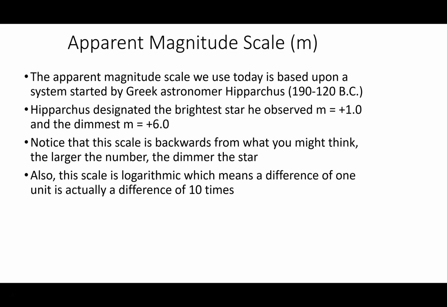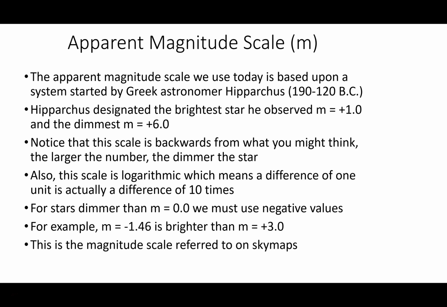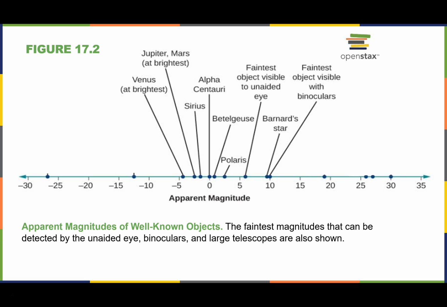For every 1 unit you move over, that's actually a factor of 10 times brighter, 10 times dimmer. So a -1.46, very bright. A +3, relatively dim.